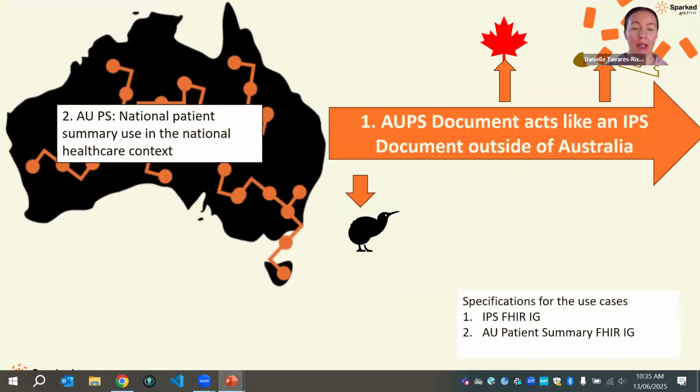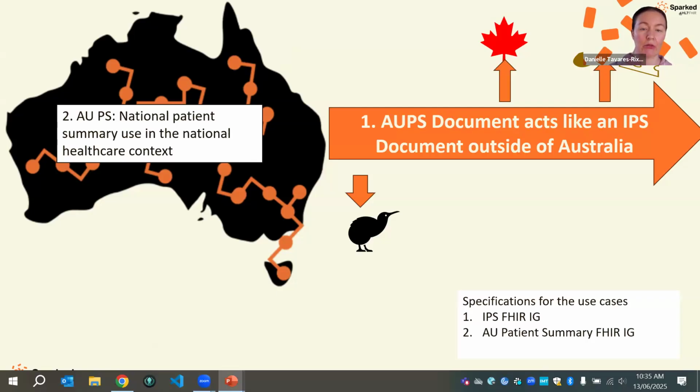Okay, so here's my snappy diagram for traveling around the world. So the AU patient summary will work within Australia's borders for the Australian use cases for which we are implementing Australian patient summaries. And when you take it outside the country, you're going on a whirlwind tour, you go to New Zealand, Canada, Europe, the AUPS document acts like an IPS document outside of Australia.